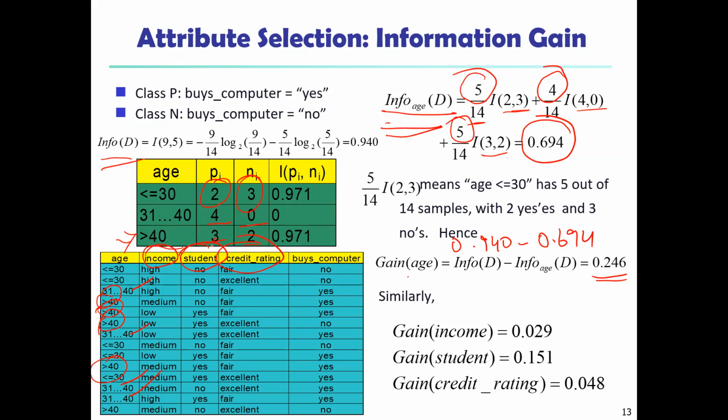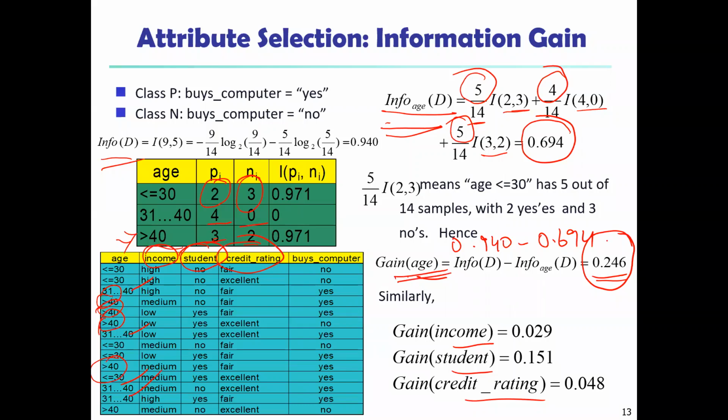If we observe here, comparing all 4 information gain values for age, income, student, and credit rating, age has the highest information gain value. So age is selected as the splitting criterion. So the starting node, the root node of the decision tree, is age.